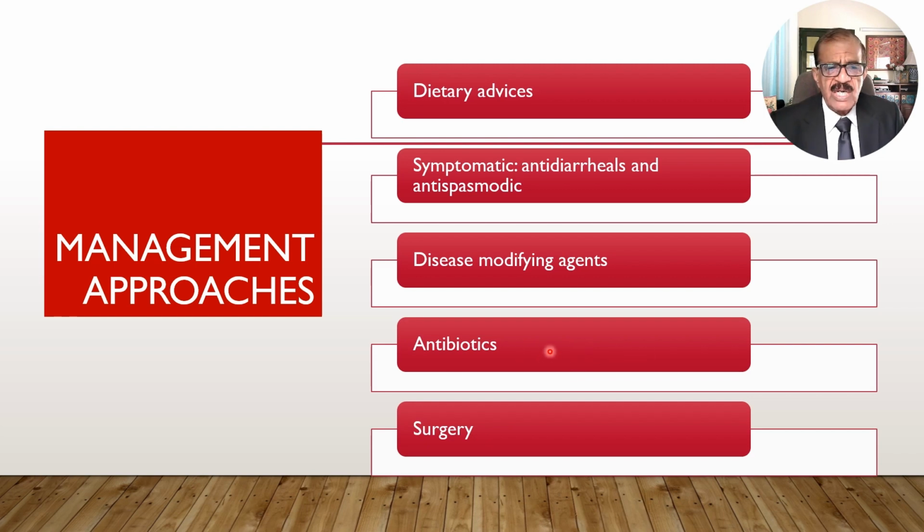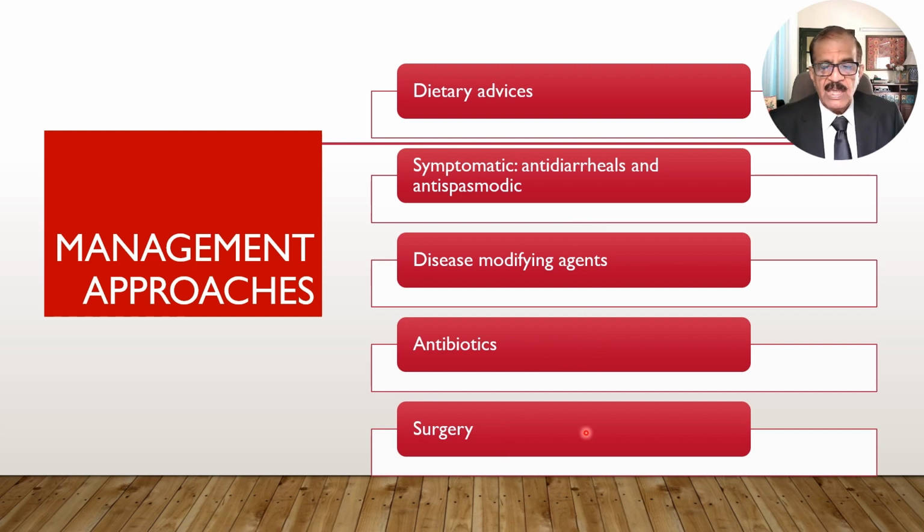And in ulcerative colitis, mostly they are not recommended, but if you suspect superadded infection, which is possible actually, if there are open ulcers in the colon, and the colon is normally full of bacteria, so there is a possibility of superadded bacterial infection, you would like to give a course of antibiotics.